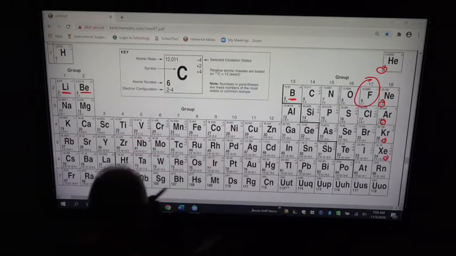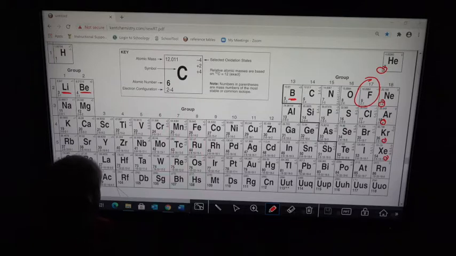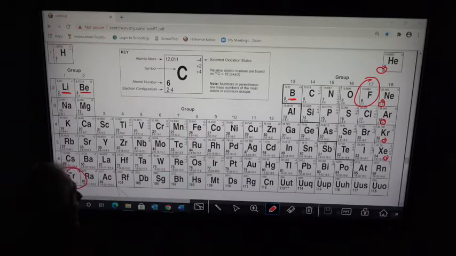Now, let's come way over here to this guy again, francium. As we go down a group, why would francium have less electronegativity than lithium or sodium? First of all, remember, metals have lousy electronegativity because they don't want to gain electrons. But why would francium have the lousiest of all the metals?